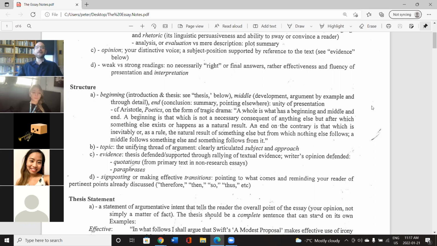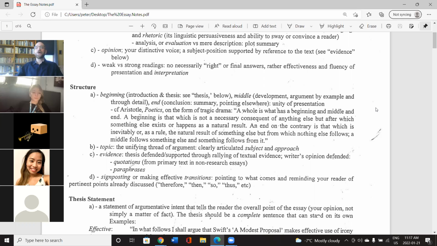Here's what Aristotle, in his famous Poetics, said on the form of tragic drama. A whole is what has a beginning and middle and end. A beginning is that which is not a necessary consequent of anything else, but after which something else exists or happens as a natural result.